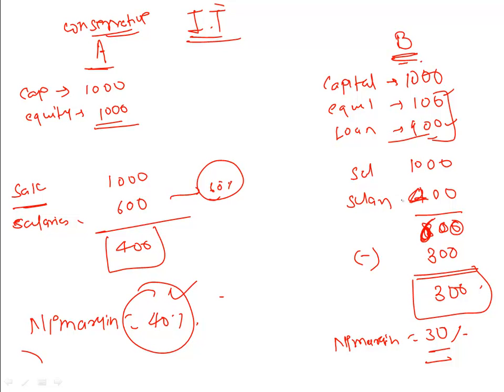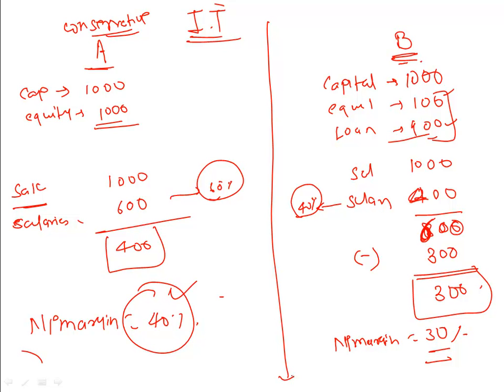And what is the core expenditure of this company? Salary again, which is what percent of sales? 40%. So don't you think that company B is smarter in its operations? Because with lower employee costs, it can generate more revenue.